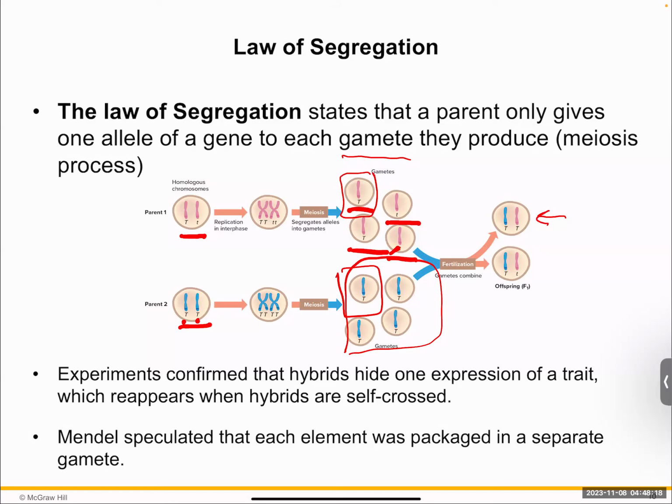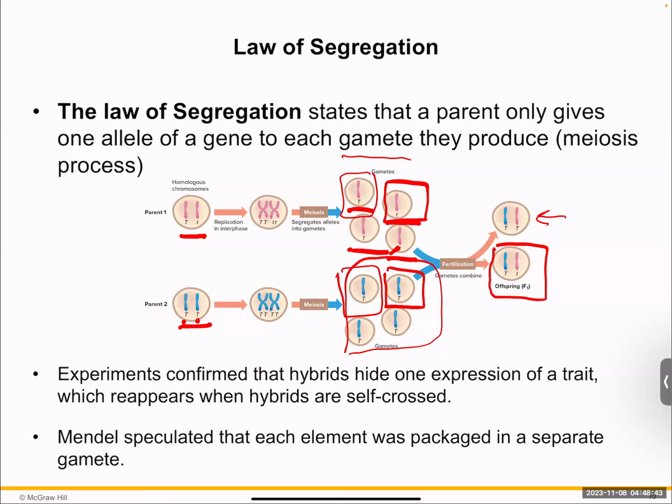However, if this parent passes the lowercase t and the second parent passes the uppercase T, then you end up with a heterozygous genetic setup where you have, again, 2 versions of the gene, with one being a dominant, the other one being a recessive.